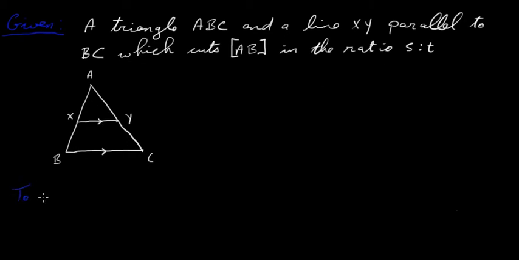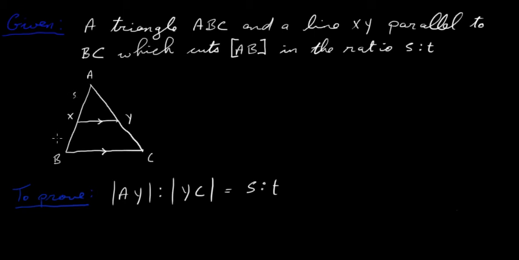So to prove, we want to prove that AY is to YC is also cut in the ratio S is to T. So this line here has cut AB in the ratio S is to T. We want to prove that this line here has also cut AC in the same ratio, S is to T here. So let's have a look at construction next.